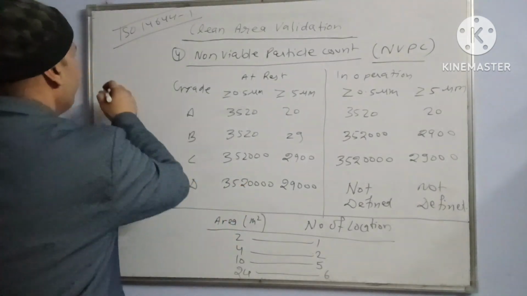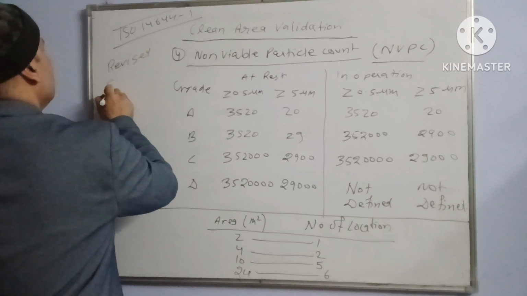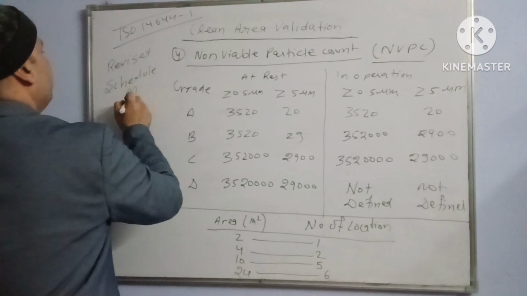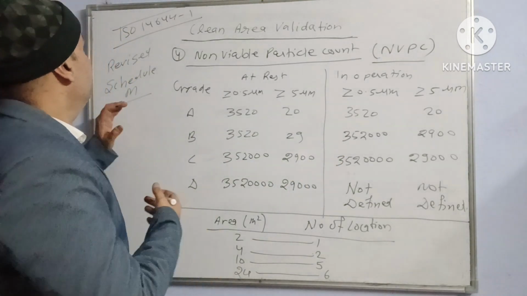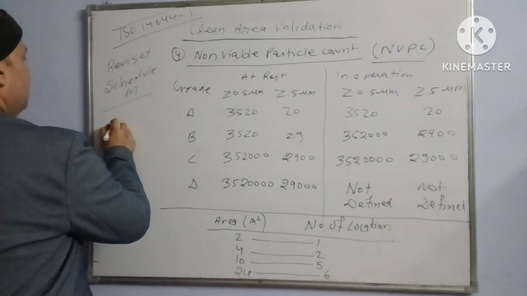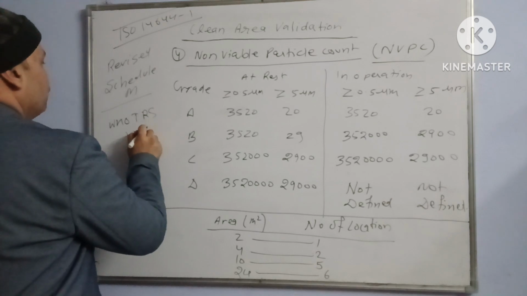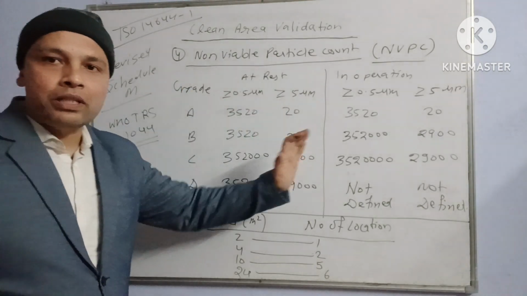Currently in the revised Schedule M, there are also limits given, and in the WHO guideline, WHO TRS 1044. So you can check the limits.